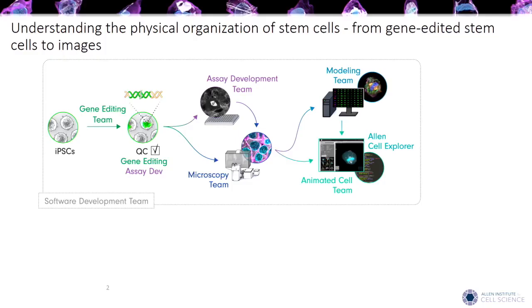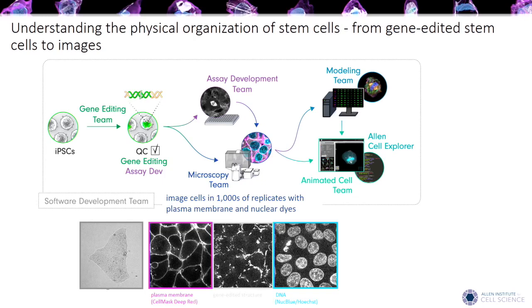Once we have our endogenously tagged stem cell lines made and fully validated, the microscopy team images these lines on automated, standardized imaging platforms in thousands of replicates. All cells are stained with dyes to visualize the plasma membrane and the DNA to serve as cellular reference structures.